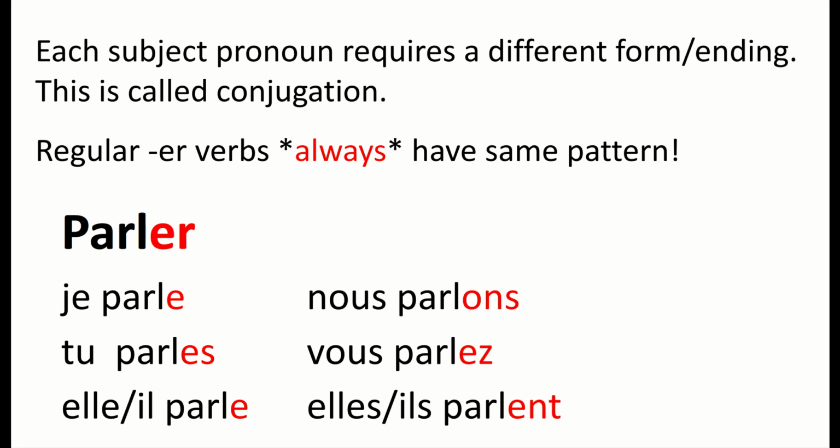And then if you look in the table down below that I've organized in the same way that I did my subject pronoun table in the last video, you are going to add back on different endings. So for example, je parle, you've added an E. Tu parles, you've added ES. Elle parle, il parle, you've added an E. Okay, so je parle, tu parles, elle parle, il parle.